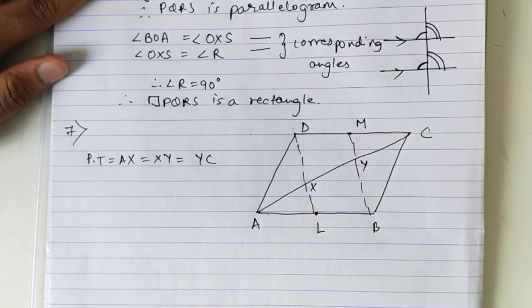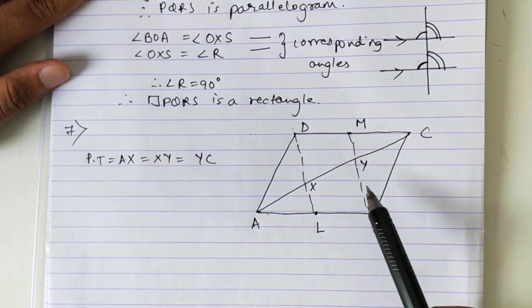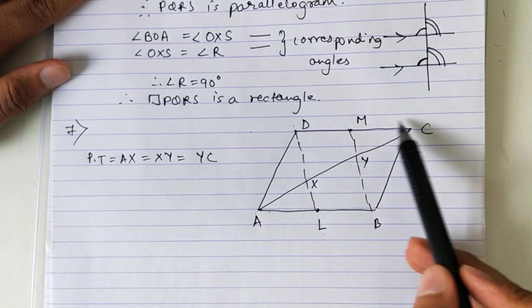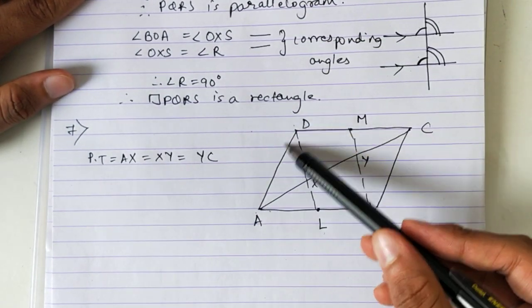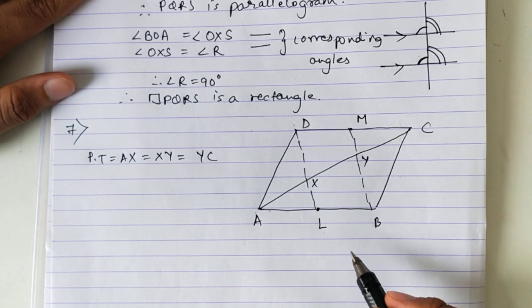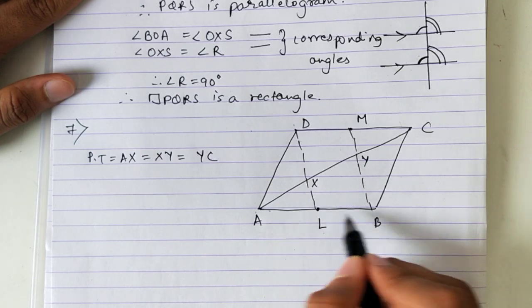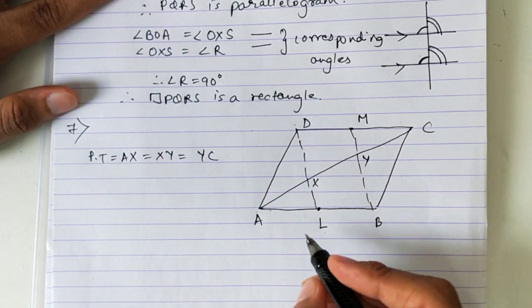Now, how to do this? First of all, you know that ABCD is a parallelogram. Parallelogram means opposite sides are parallel. And opposite sides are equal also. See, in a parallelogram, write this property if you do not know.